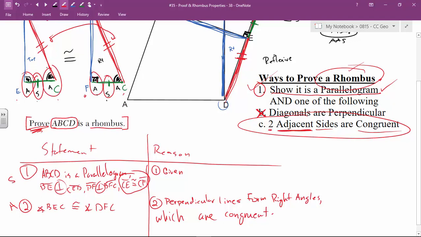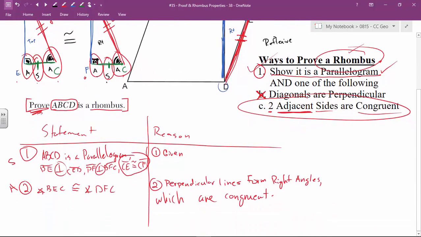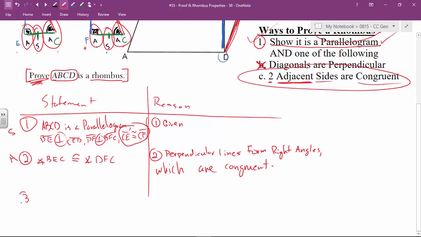Now all we have to do is say that angle C is congruent to angle C. So I can say 3. Angle C is congruent to angle C. Why am I allowed to say that? That's the reflexive property. And there you go. We've now got enough information for angle, side, angle.